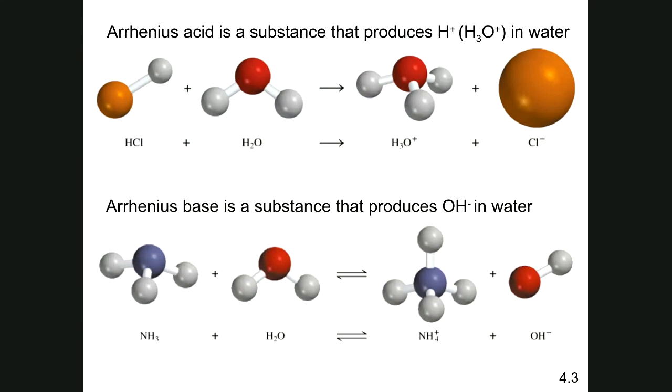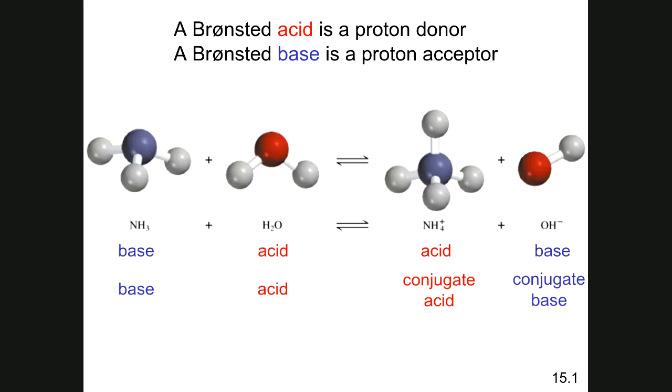And if you have a hydroxide of group 1A or 2A, it would be considered a strong base. Some definitions for acids. An Arrhenius acid is a compound that in water would produce H+, and an Arrhenius base is a compound that, if you add it to water, would produce hydroxide ion. So that is the first definition.